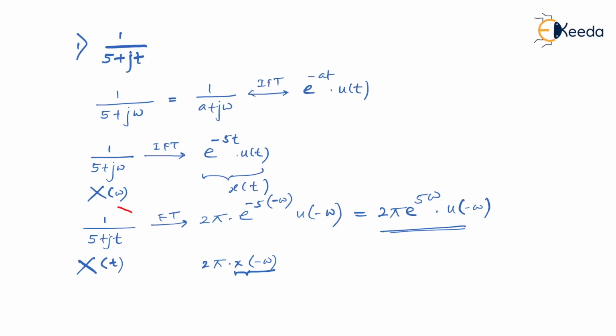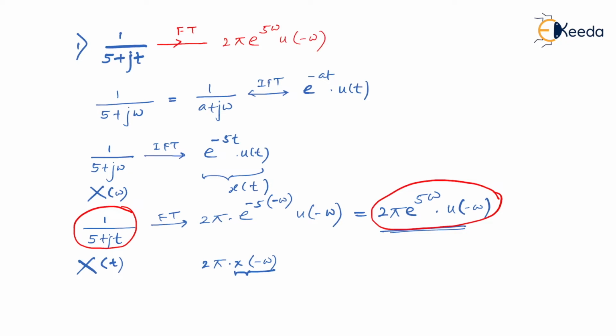So remember, for this function we got this as the Fourier transform. So I'll write the final answer here. Fourier transform for 1 upon 5 plus jt is 2 pi e to the power positive 5 omega u of minus omega. Right? Let's move to the next problem.